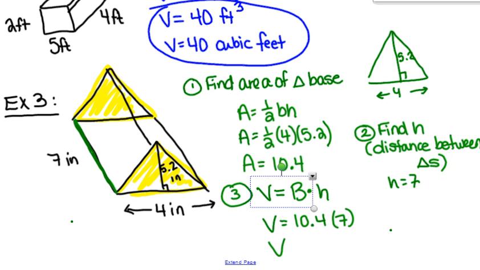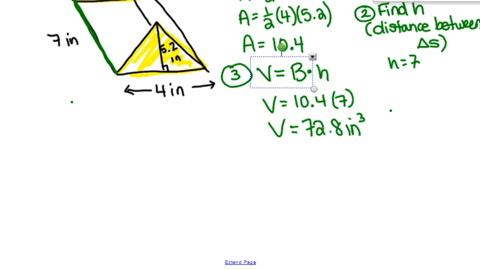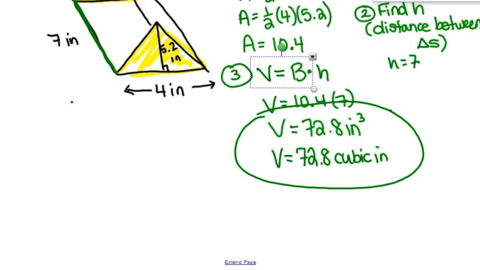So when I get my calculator out and multiply the 10.4 times the 7, I end up with 72.8. And that's either inches to the third power or 72.8 inches cubed, or cubic inches. Either one of those is a really good way to express your answer.